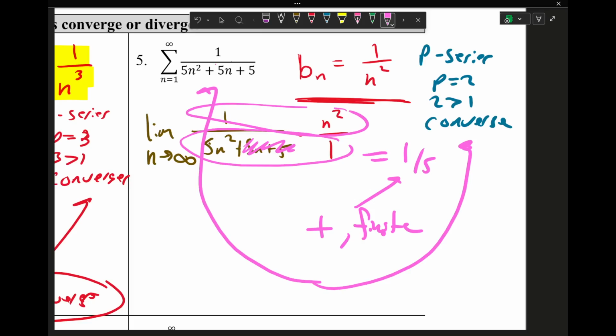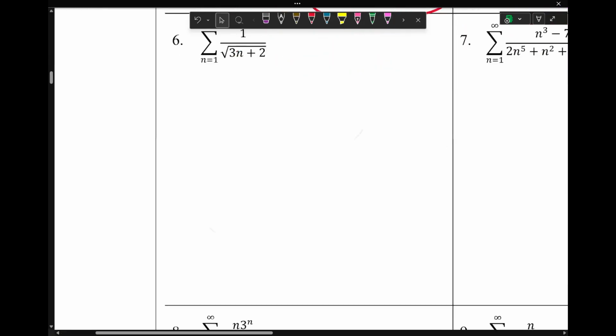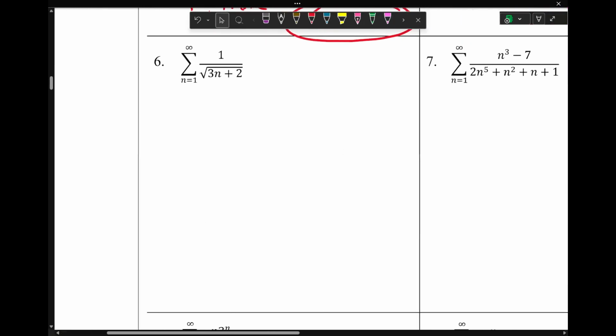I would like somebody, and again, it's perfectly fine to guess wrong. There's nothing wrong with that, but I need y'all to sometimes see why some of these are poor guesses. So in question 6, what do you think might be a good thing to compare to in this? 1 over the square root of n is also what I would pick.